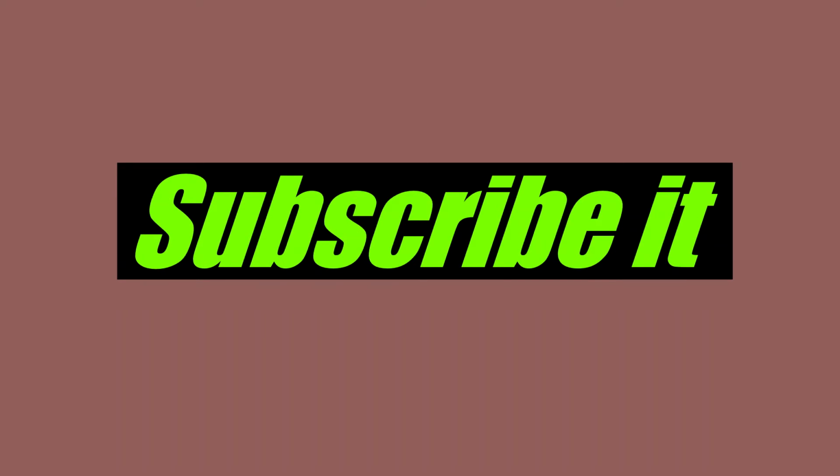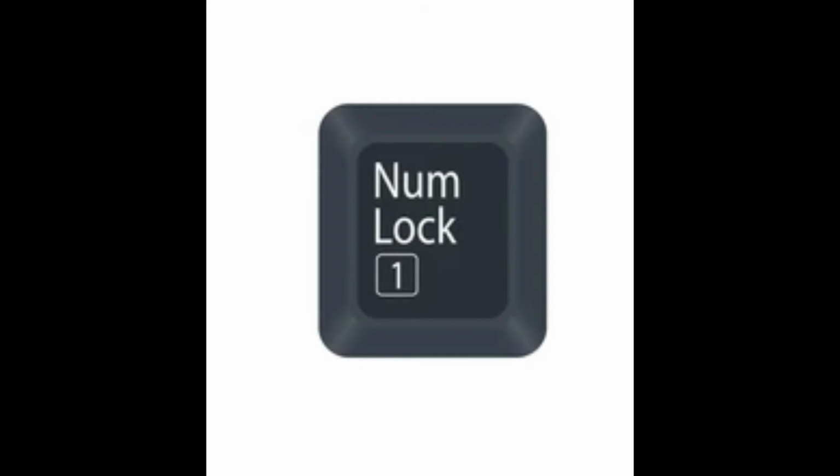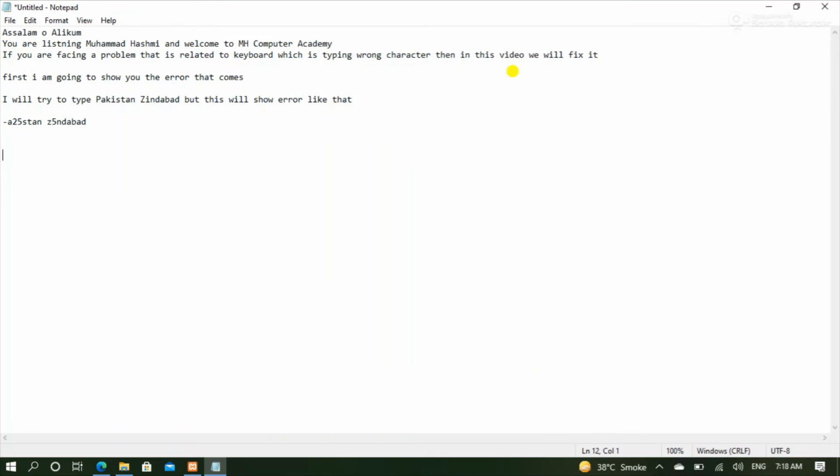So here you can see that I am typing on the keyboard Pakistan Zindabad, so this is typing something like that. So what is its solution?